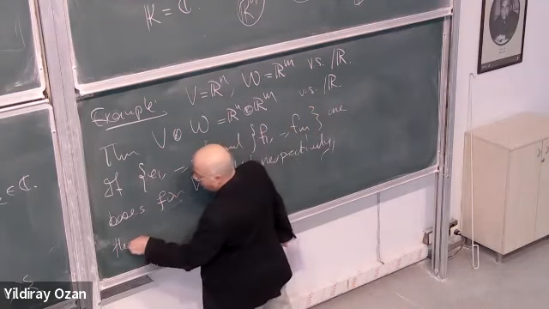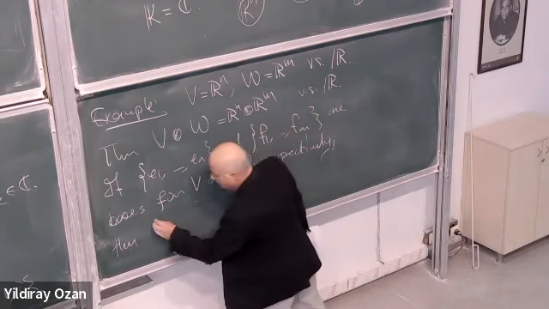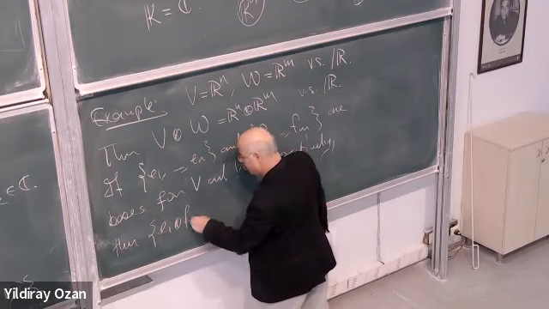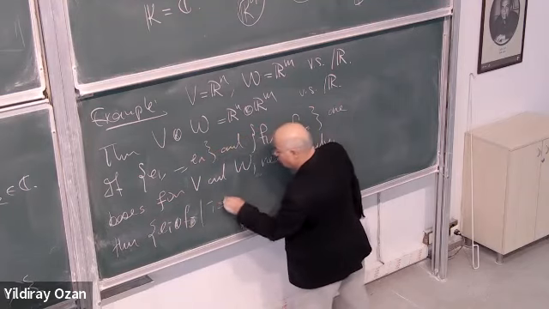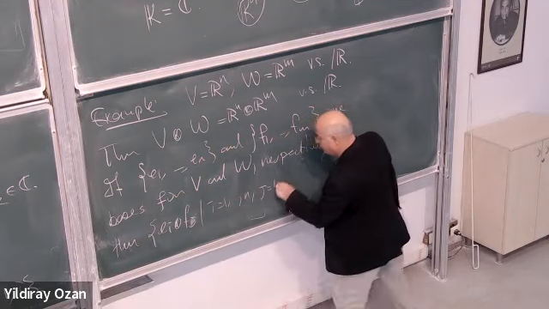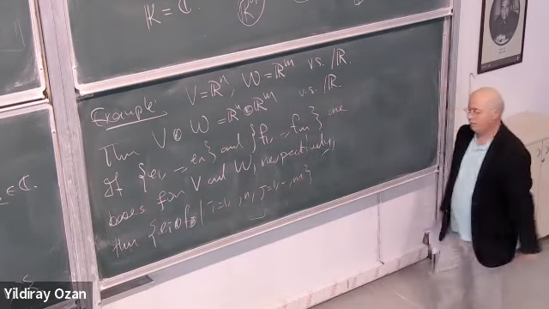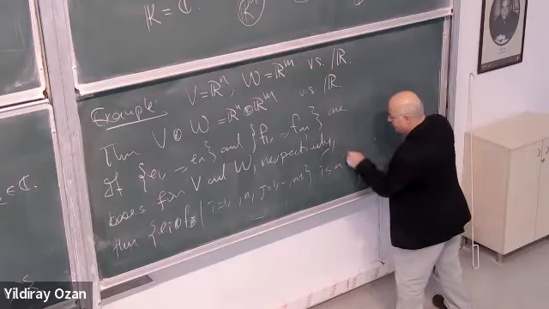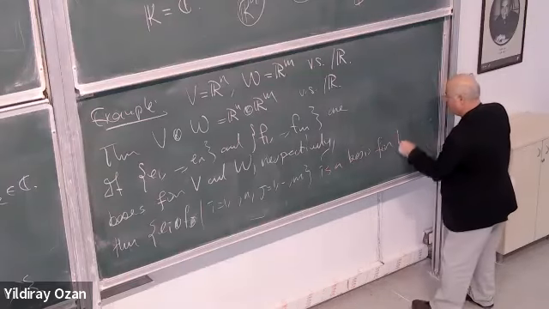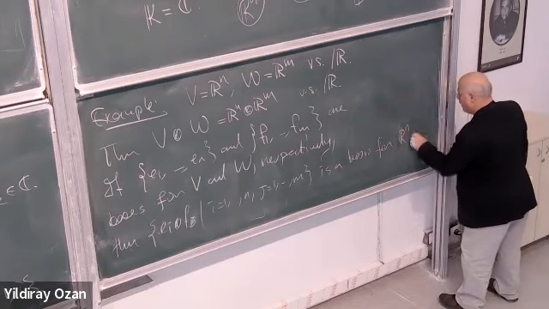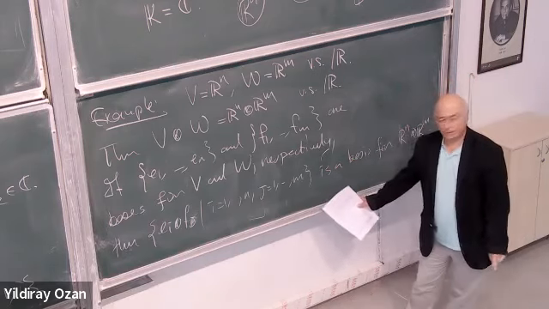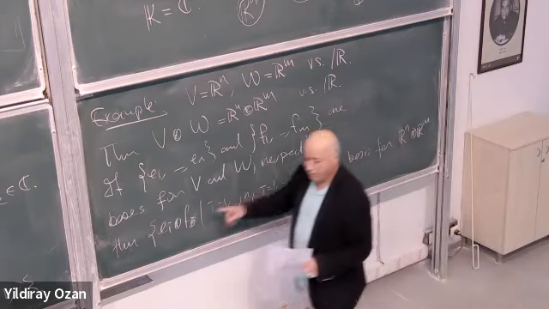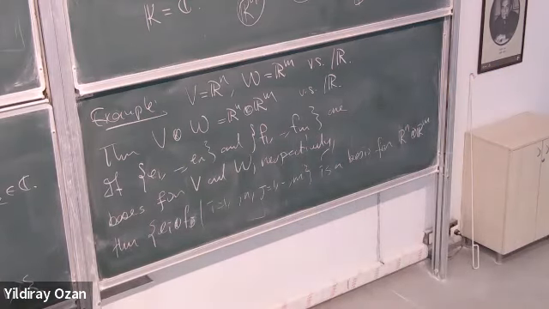Then this set, e_i tensor f_j, i from 1 up to n, j from 1 up to m, is a basis for R^n tensor R^m. I will prove this, but it is not easy. It's a difficult thing, but we will prove that.